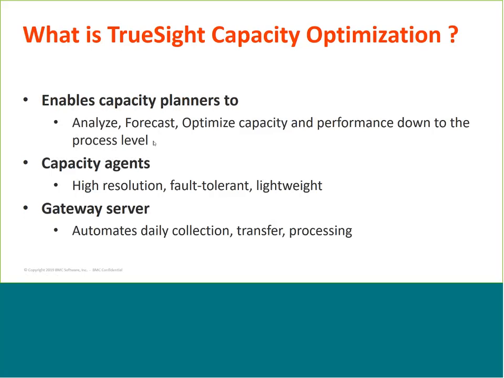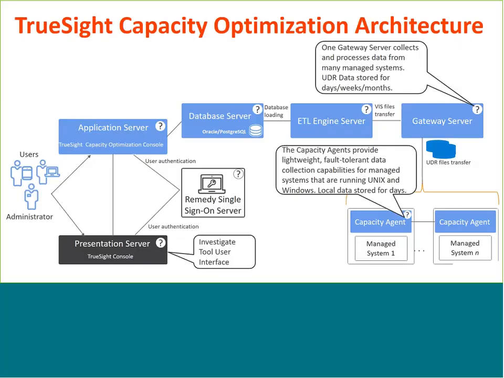And we leverage our capacity agents, which provide high resolution, fault tolerant, and lightweight data collection. That data is aggregated on the gateway server. So the Investigate tool allows you to leverage the agents and the gateway server to get really detailed answers that we may not import into the capacity database every single day. It's a high resolution tool, and it is able to get data from a variety of different sources.